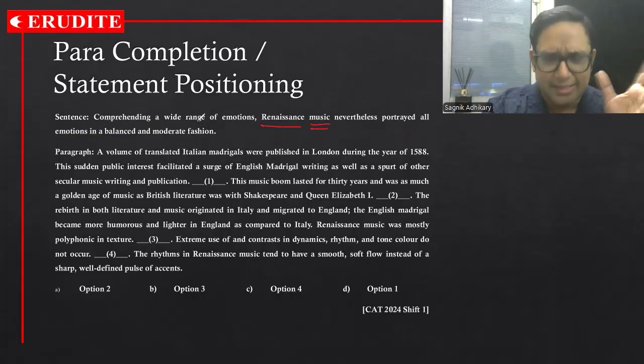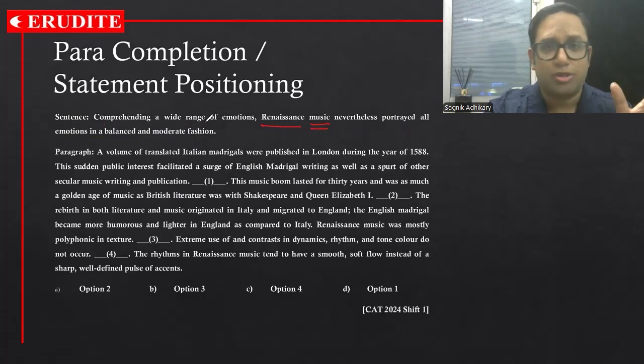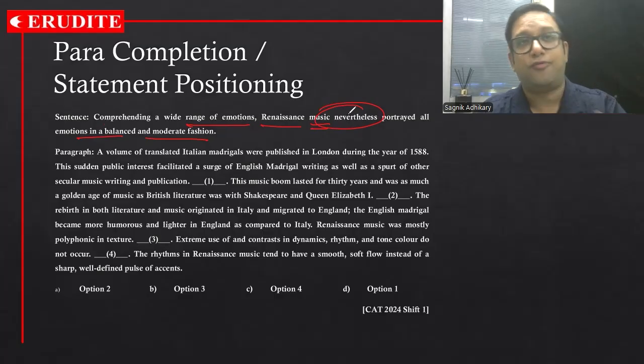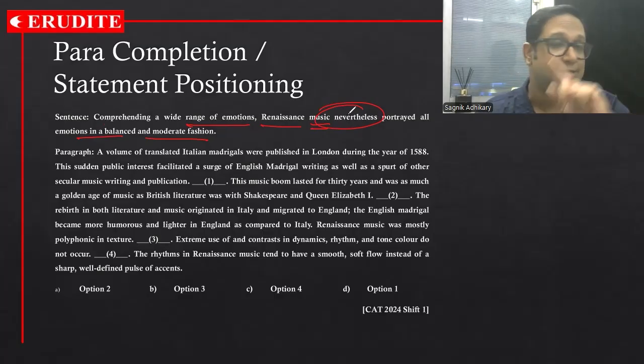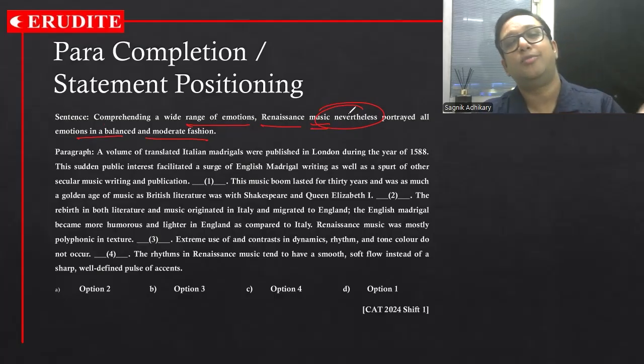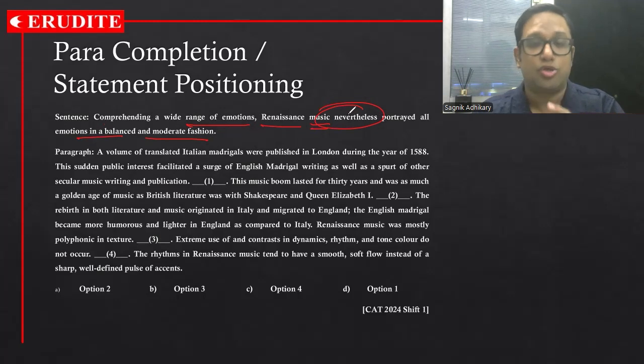We also see the ideas given here about Renaissance music: comprehending a wide range of emotions, and portraying all emotions in a balanced and moderate fashion. The third aspect is this change of argument word, nevertheless. Nevertheless suggests that this sentence would follow another sentence stating something opposite to what this statement is saying, because the change of argument would bring the argument to some other place. By the looks of it, nevertheless would follow a statement where this comes back to an original argument.